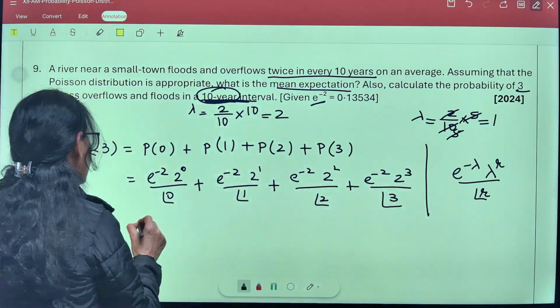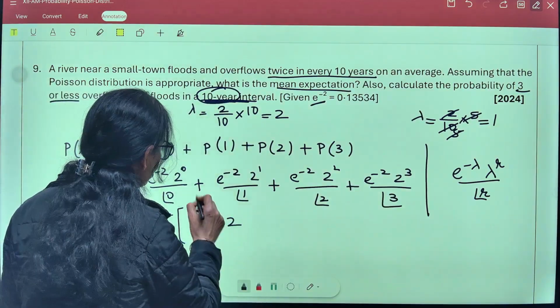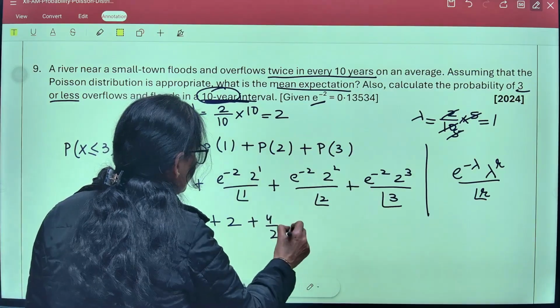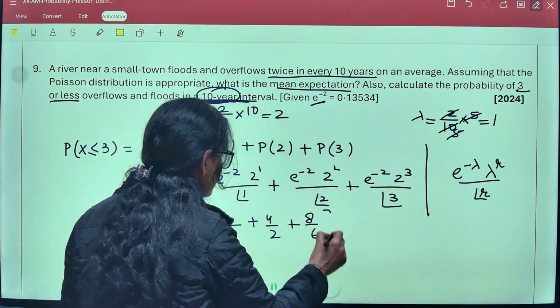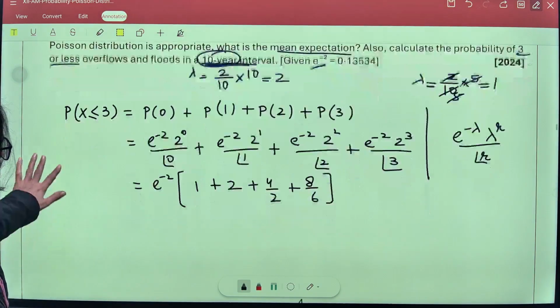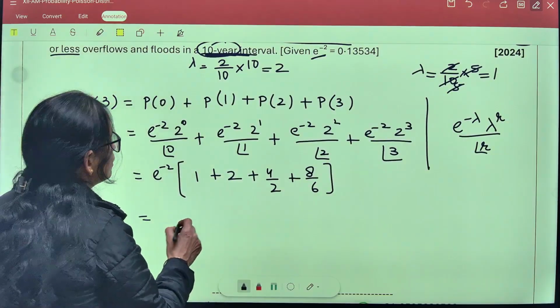From all these, take e raised to power minus 2 common out, and what we are left with is 1 plus 2 square is 4, 4 by 2 plus 2 cube is 8, 8 by 3 factorial is 6. When we add up all these values in the bracket, we get 19 by 3.